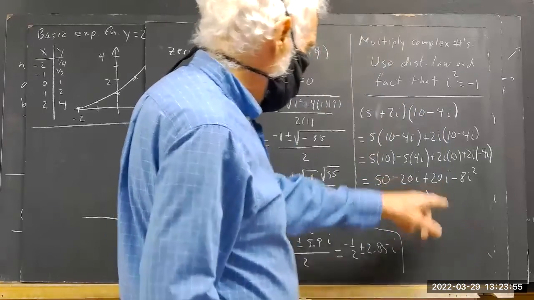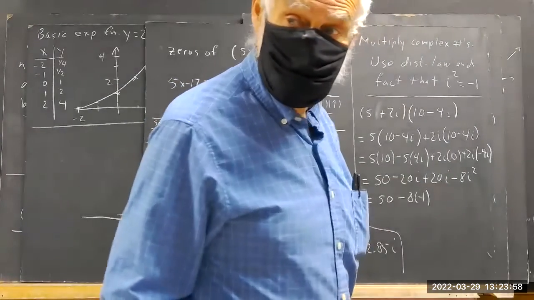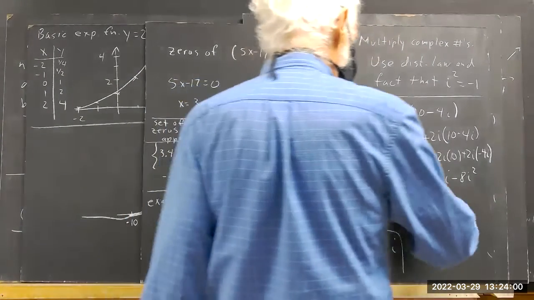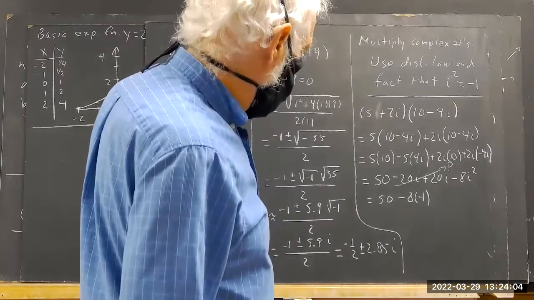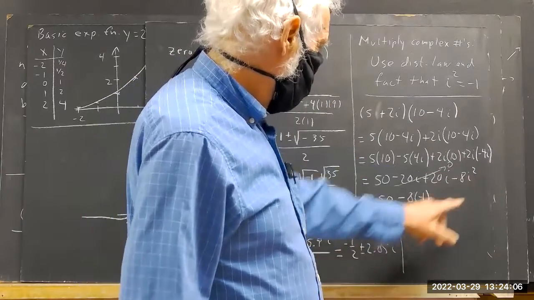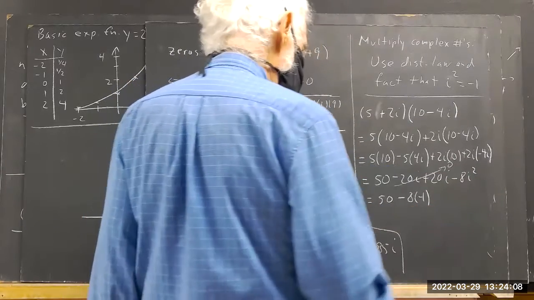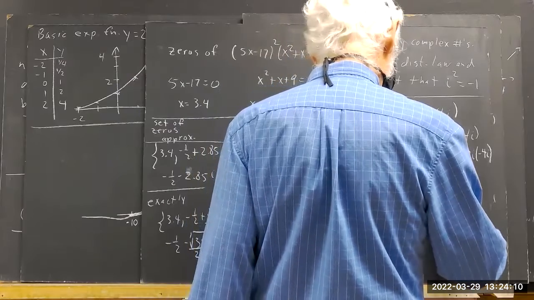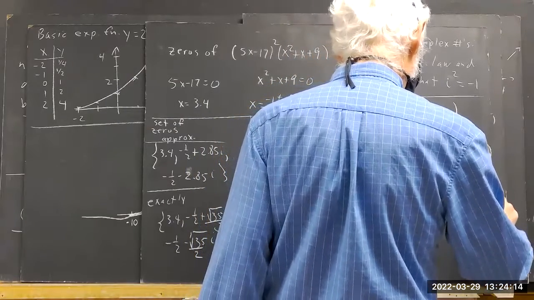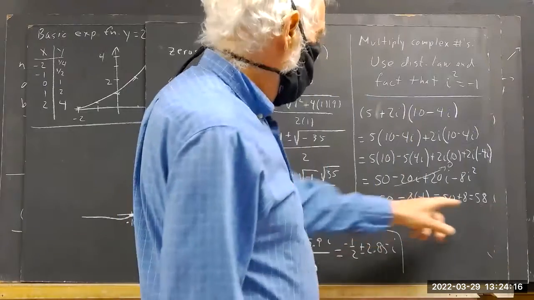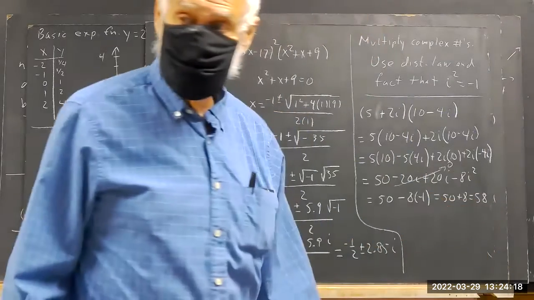Well, -20i plus 20i gives you 0, right? So these two things just go to 0. And i squared is -1. So you get 50 plus 8, which is 58.